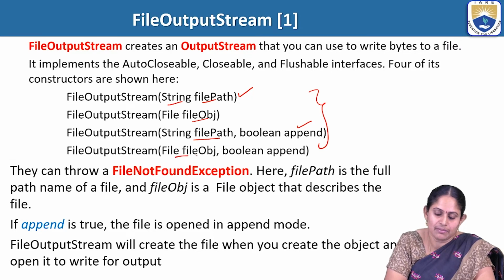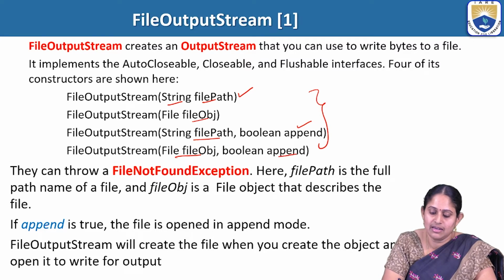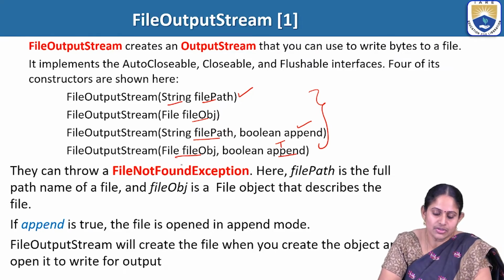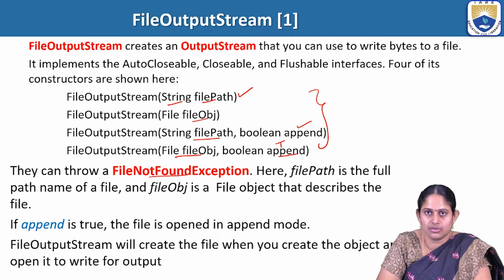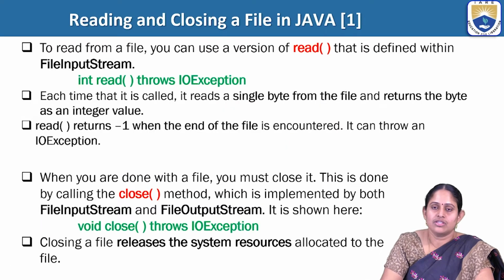Similarly, in the fourth case, we can pass the File object as a parameter, and again specify whether it is in appending mode or not by specifying true or false. If it is true, then it will be opened in append mode. These constructors also throw the FileNotFoundException if that file is not found.